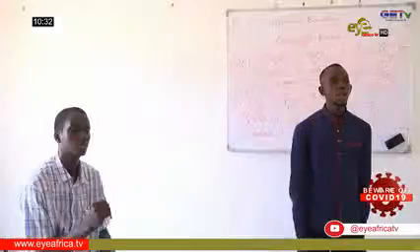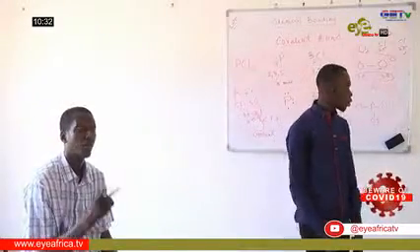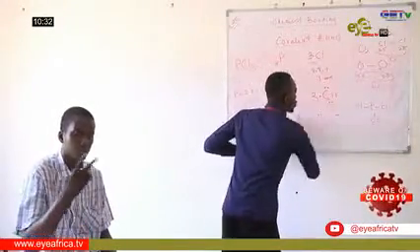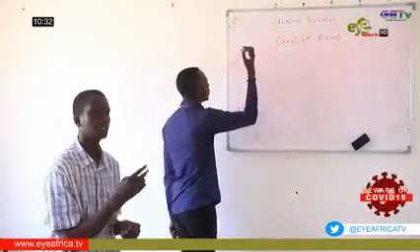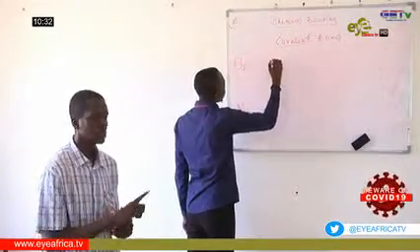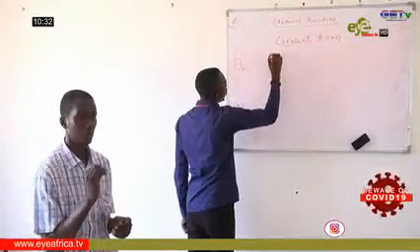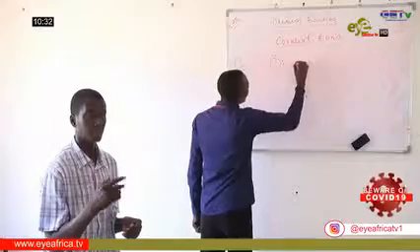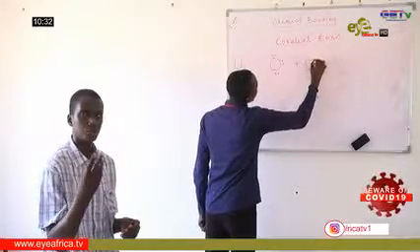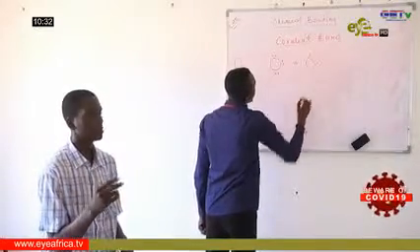Now we also have double and triple covalent bonds, and I'll explain this using oxygen. Here we have oxygen with 1, 2, 3, 4, 5, 6 valence electrons, plus another oxygen with 1, 2, 3, 4, 5, 6.